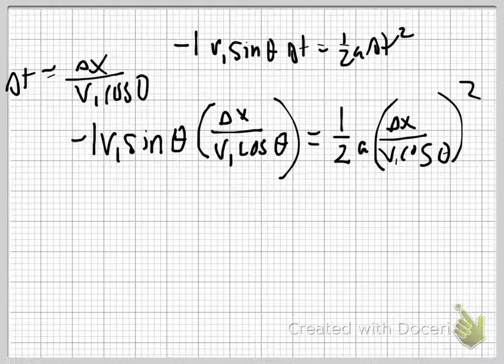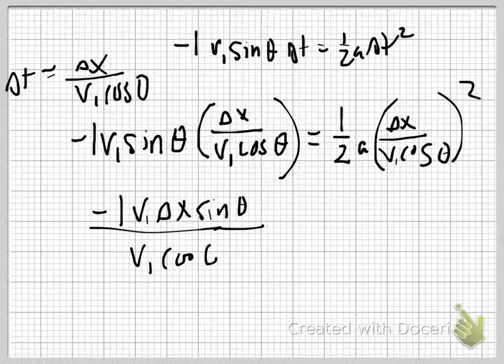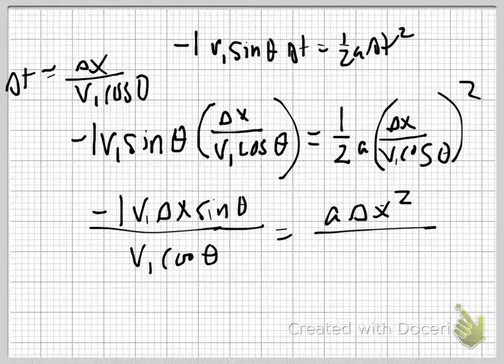Okay, so now you're ready to do some big bad algebra. Negative VI delta x sine theta over VI cosine theta equals a delta x squared over 2 VI squared cosine squared theta.